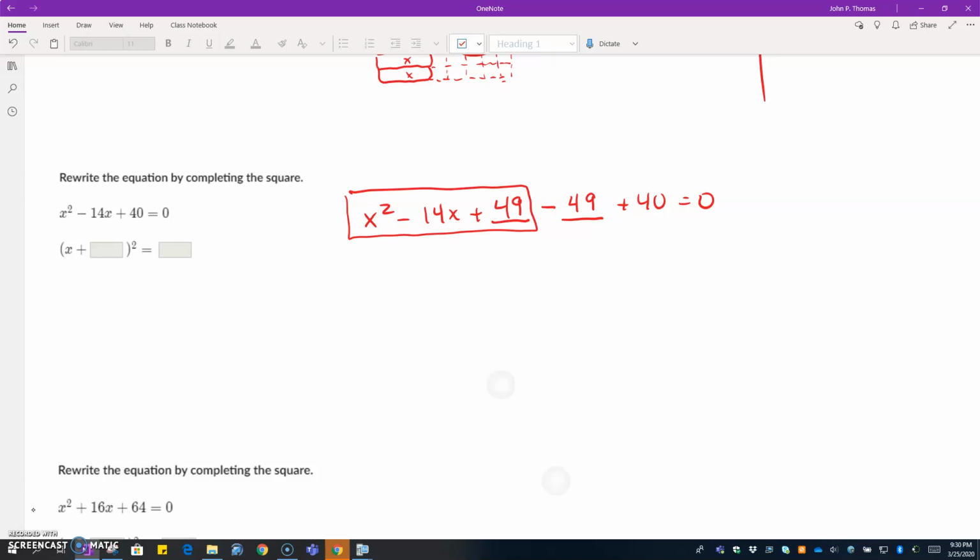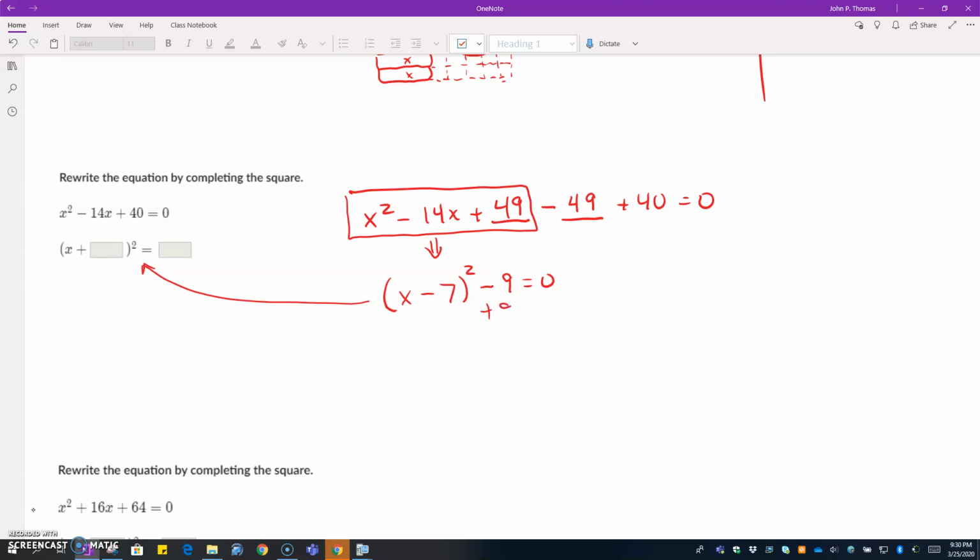All right, so I'm going to push this together. This first piece, I created it to be a perfect square trinomial, so I'm going to go ahead and factor it. So I've got x minus 7 squared. And then I've got minus 49 plus 40, so that's a minus 9 equals 0. Now I want to match up to my structure that's over here. And notice the equal sign is between the x minus 7 quantity squared and the 9.